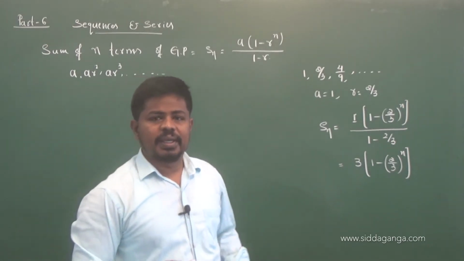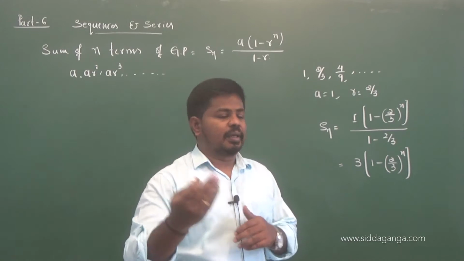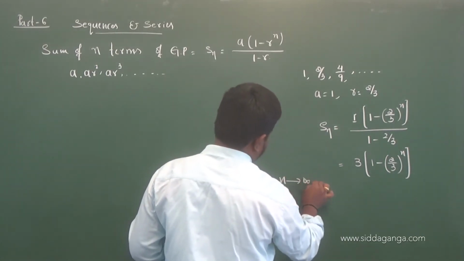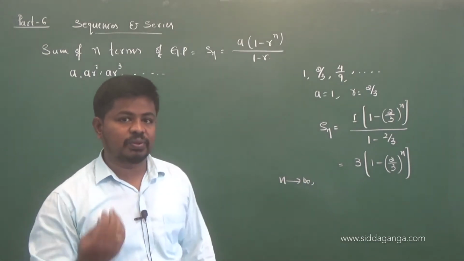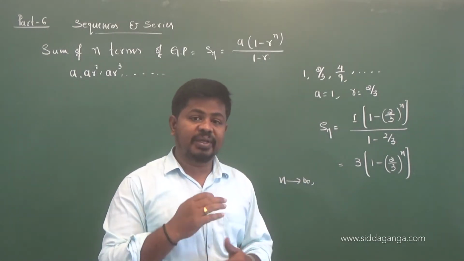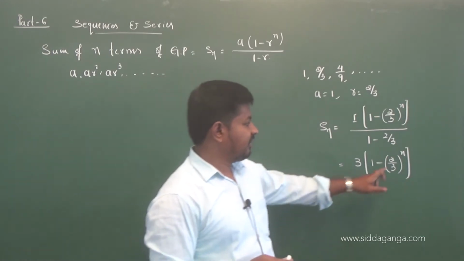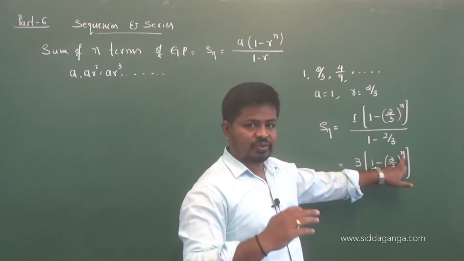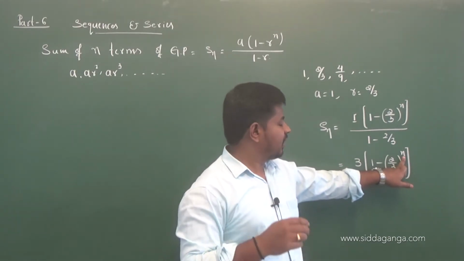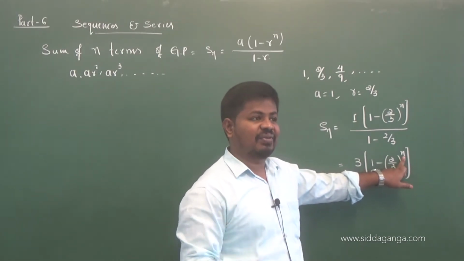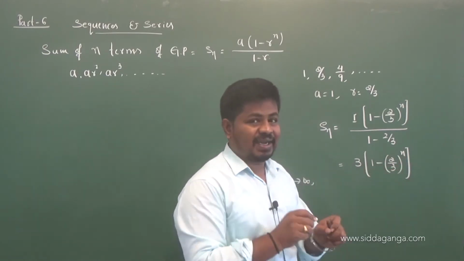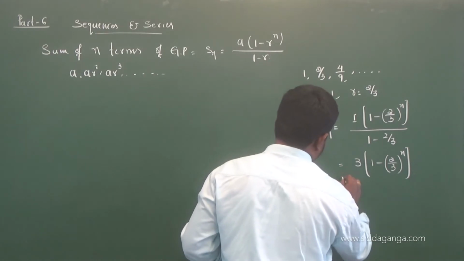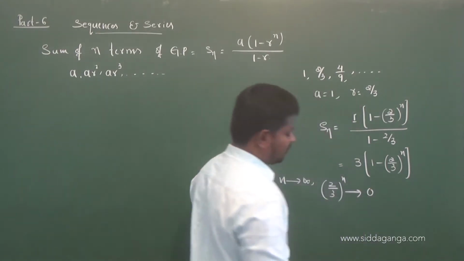Suppose n becomes bigger and bigger, I mean if n approaches infinity. If n is 1, it is 2 by 3; if n is 2, 2 by 3 whole square; if n is 3, 4, 5, what happens to 2 by 3 power of n? It approaches 0, right? 2 by 3 power of n will approach 0 when n is bigger and bigger.